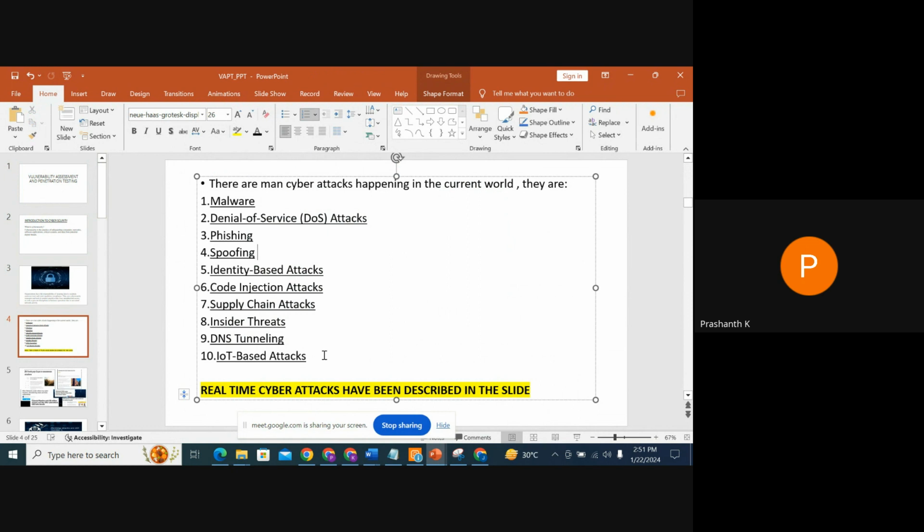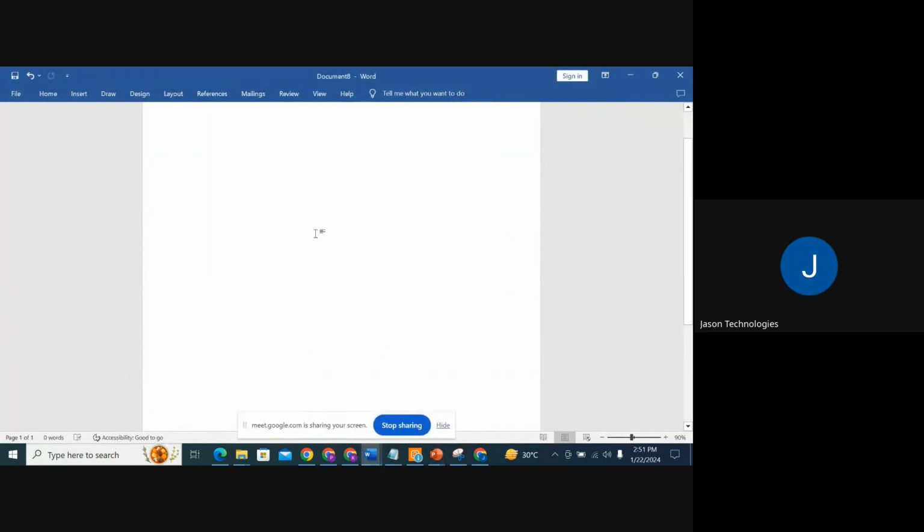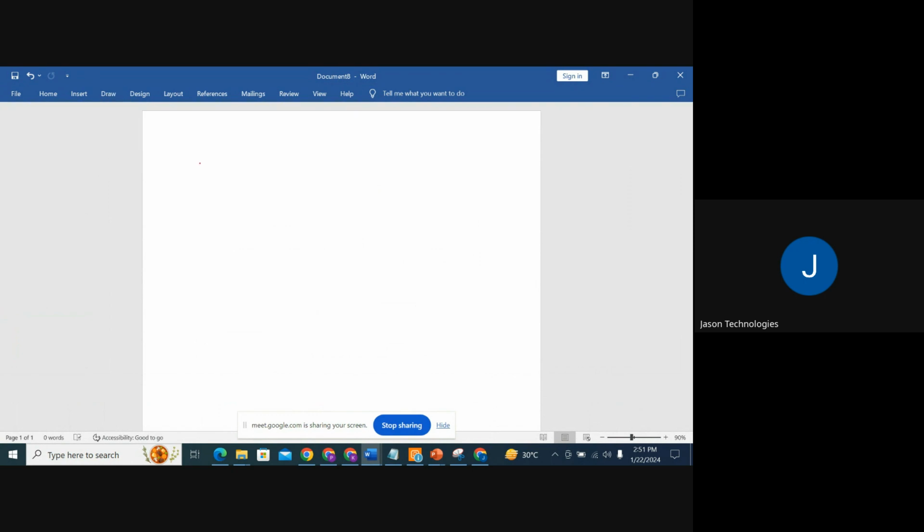Can you explain DOS attacks once again? Okay, DOS attacks, I will explain with a picture again. Let's say, for example, there is an application. This is a web application, and this is a user.